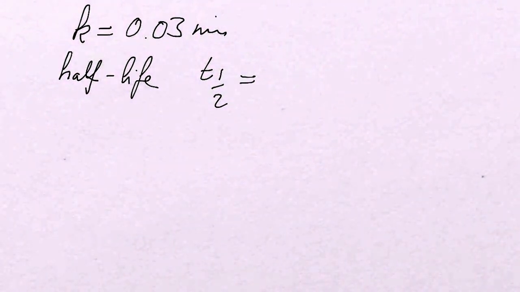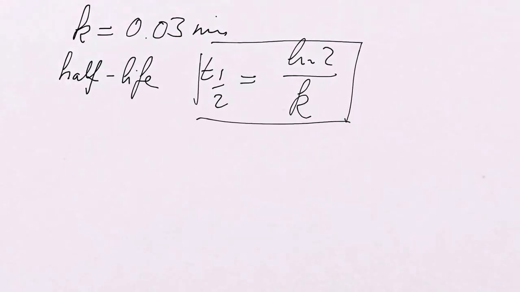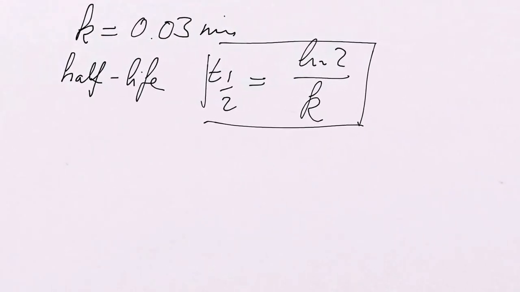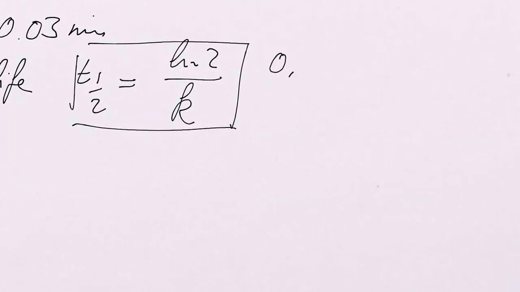And we said half-life, T half, equals, anyone? ln2 divided by k. Yeah? Please remember this equation. And in this case, ln2 is 0.693 divided by 0.03.